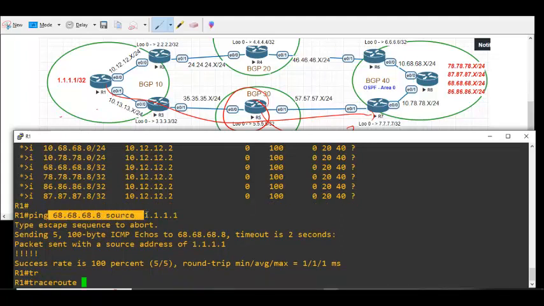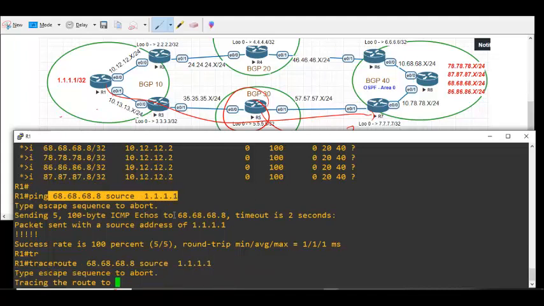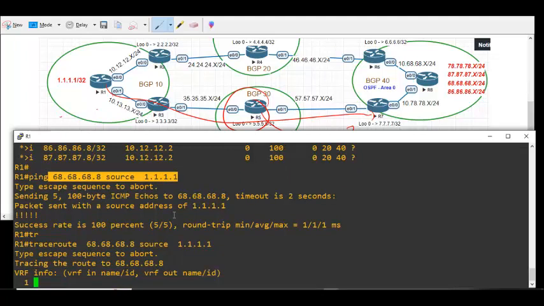Why? Because I don't have a neighborship between router 5 and 7. I have shut it down. Earlier it was showing via 5. See, it's going to router 2, not to router 3.